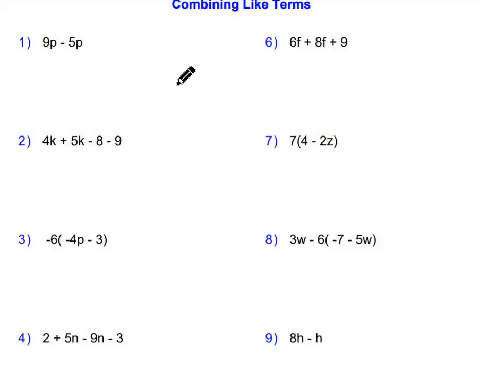Okay, let's start with question 1. You can see that it's 9p and 5p. And you understand that because both of them have p inside, they can be considered like terms. But if there is some variation, for example 9p minus 5p squared, then just to remind you, they are not exactly the same because one is p squared and the other one is p.